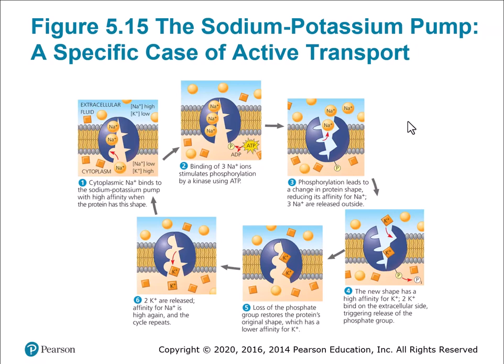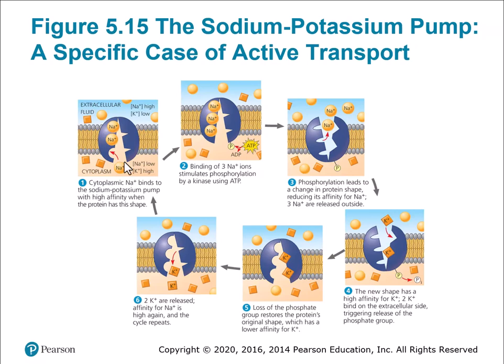With active transport, we're going to see that we require a molecule of ATP. Remember, ATP is our cellular energy. And the reason that active transport requires this energy is because it's going to move substances against their concentration gradient.